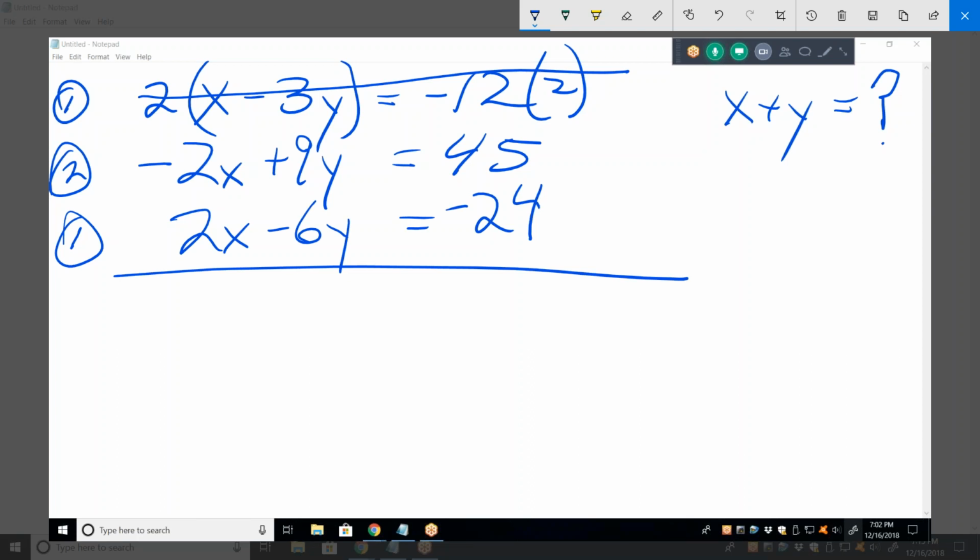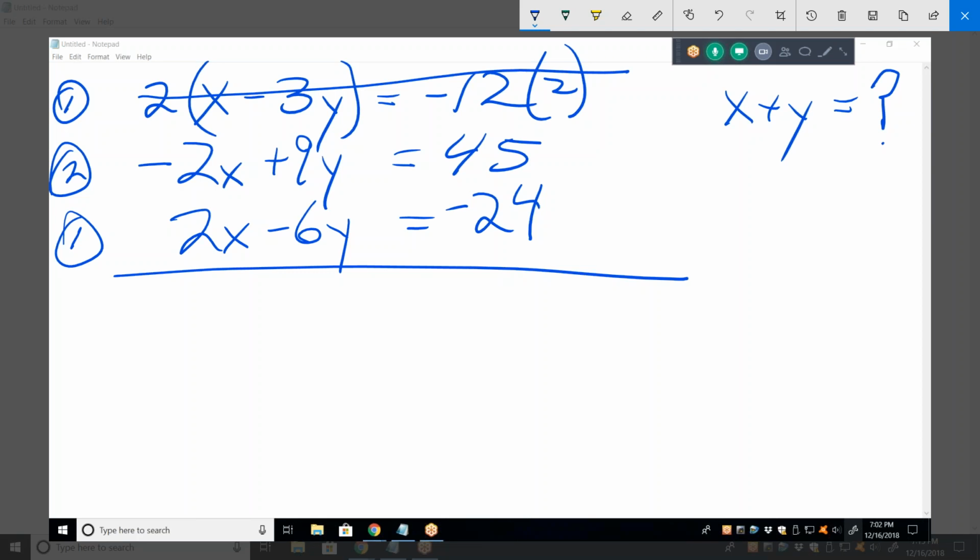Now what? So then we're going to want to combine the two equations. I'm going to want to add the two equations. Be specific. That's what you're doing, is adding the two equations. You have two choices. You can add equations or you can subtract equations.